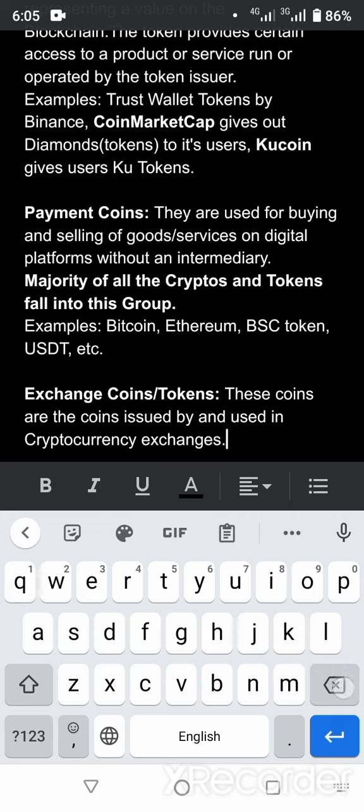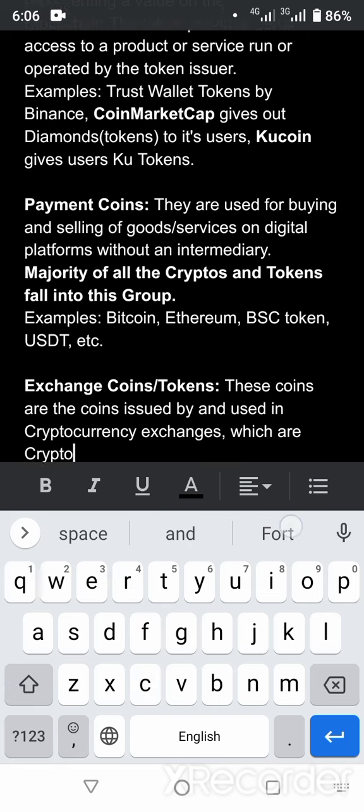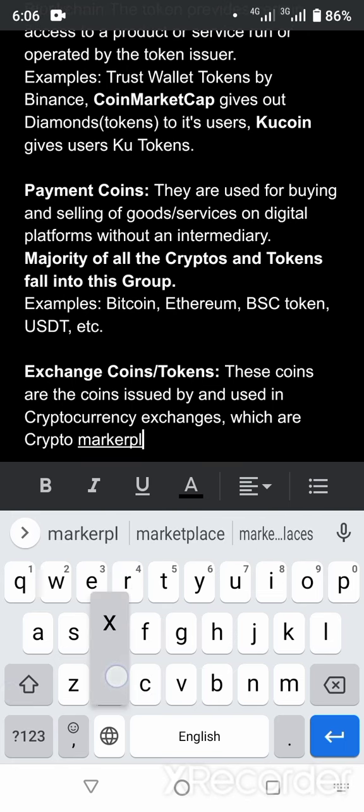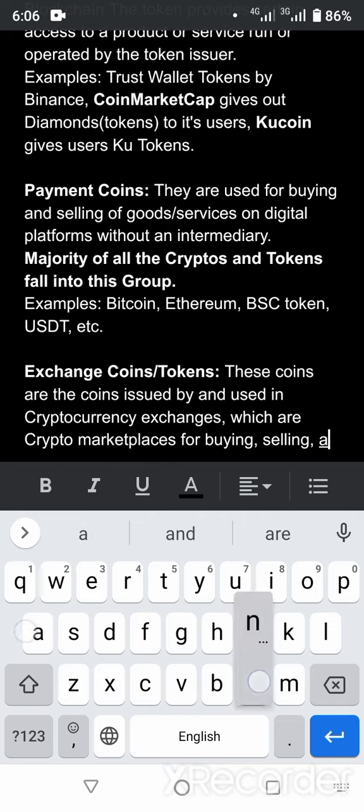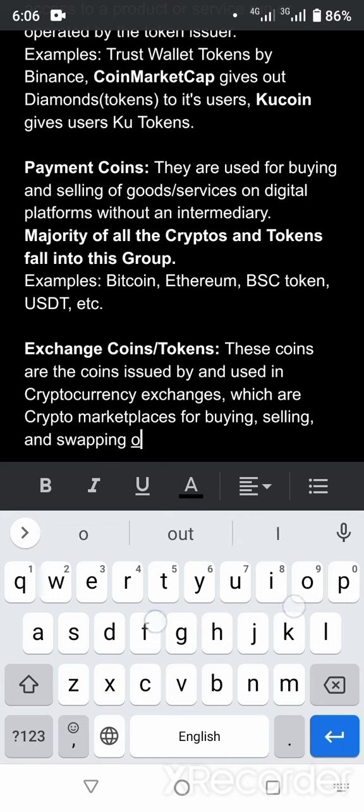Exchanges, which let me add an add-on, are crypto marketplaces for buying, selling, and swapping of tokens, service tokens, currencies, and services.